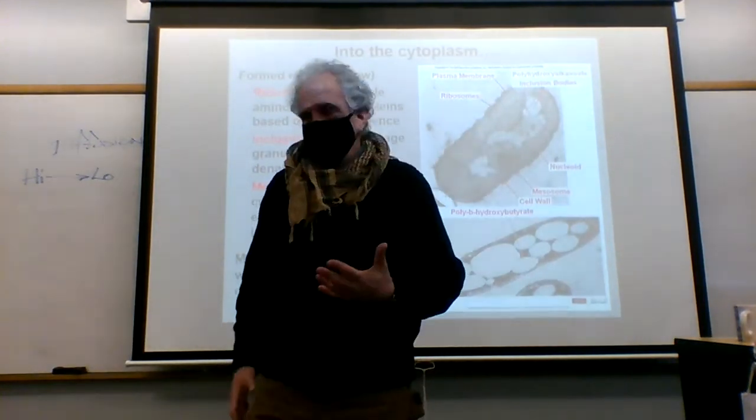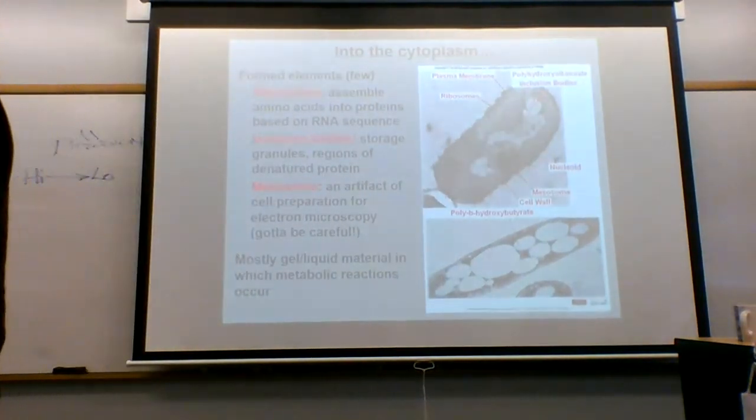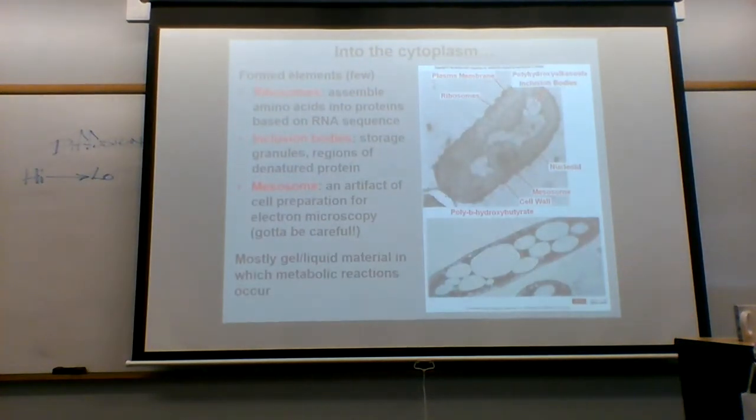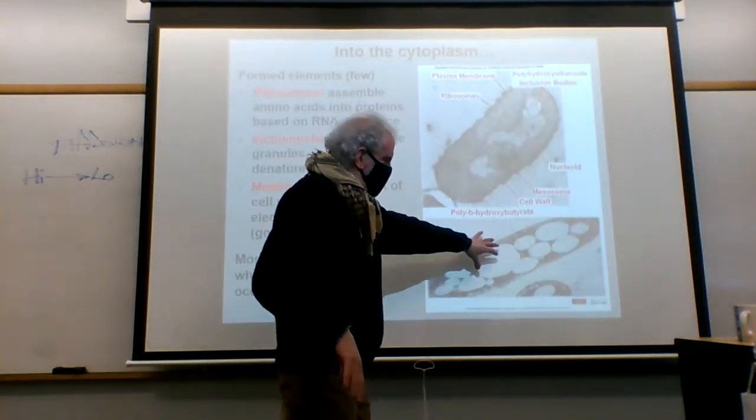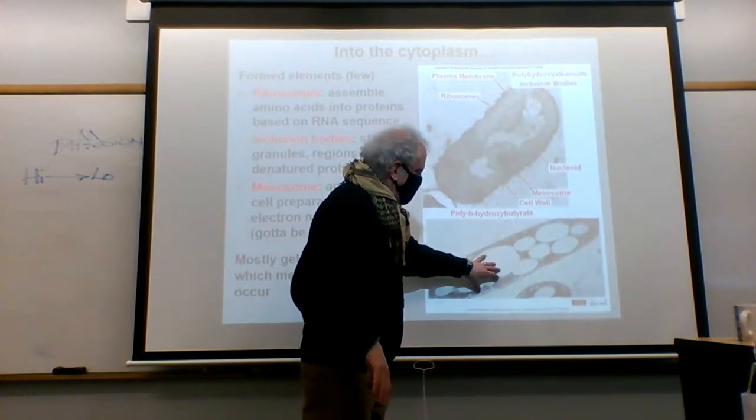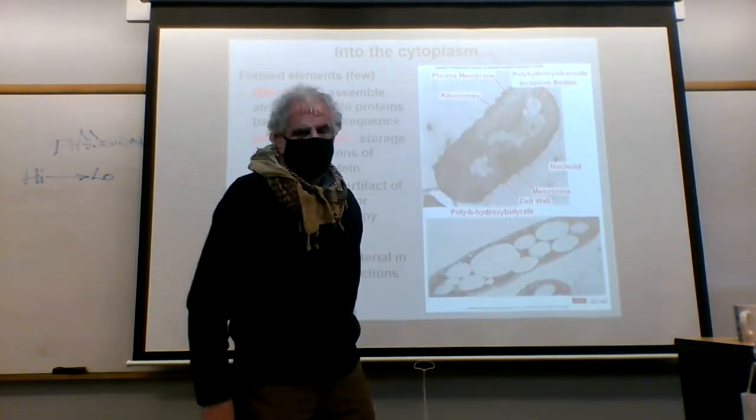So when you're looking at electron micrographs, you have to be thoughtful of the fact that you have dehydrated this thing incredibly, you've embedded it in epoxy, and the possibility for artifact is distinctly non-zero. There is also, depending on the bacteria, you can accumulate different kinds of long chain organic chemicals.